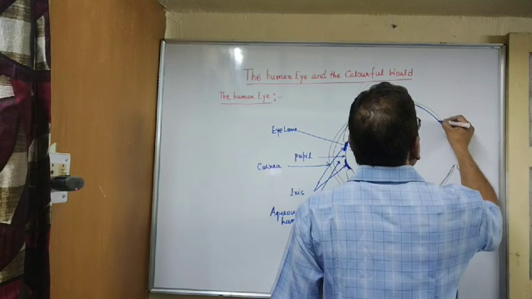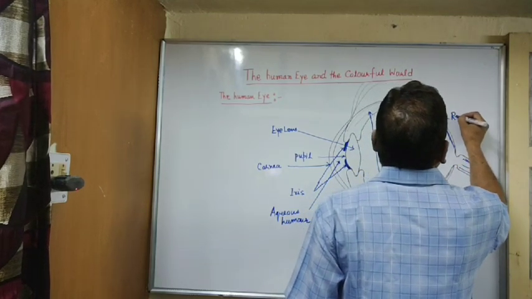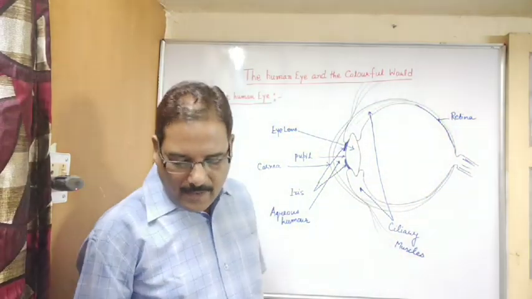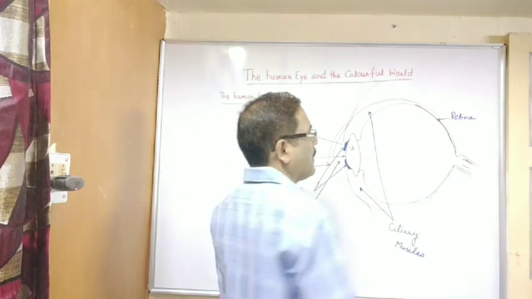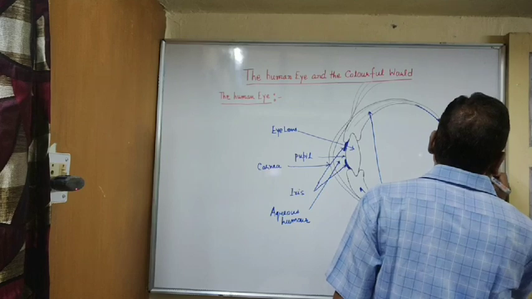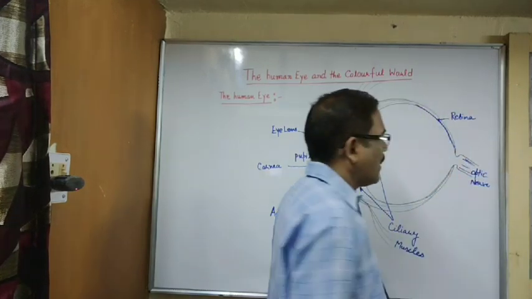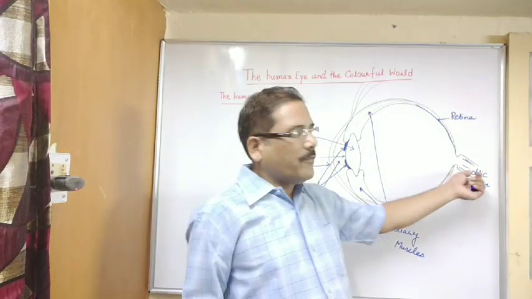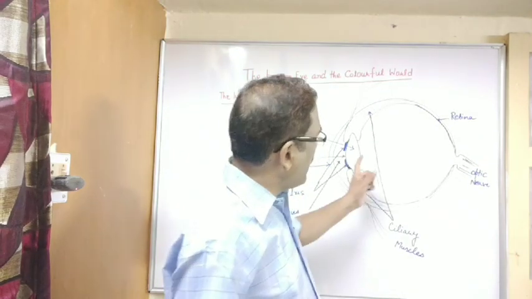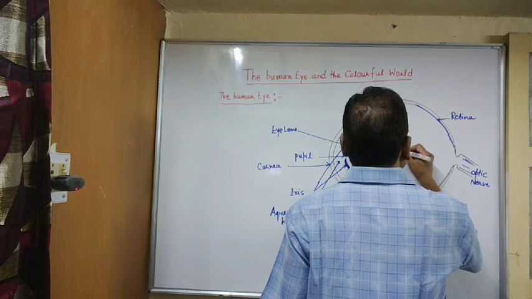So this portion is the retina. Retina acts as a screen. Then this is the optic nerve. The eye is connected with the brain via the optic nerve, and the space between the lens and the retina is filled with another liquid.